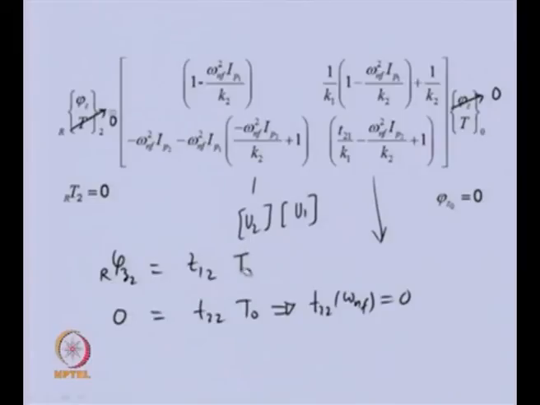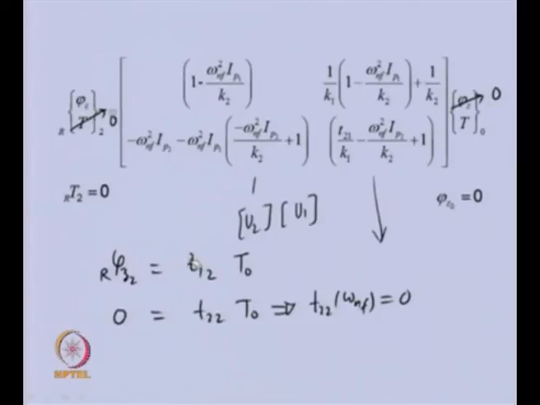So for a unit torque at station 0, we can get this particular angular displacement. Once we know this, that means we have the state vector at station 2 known. This is 0 and this is T12, and T12 is a function of natural frequency.